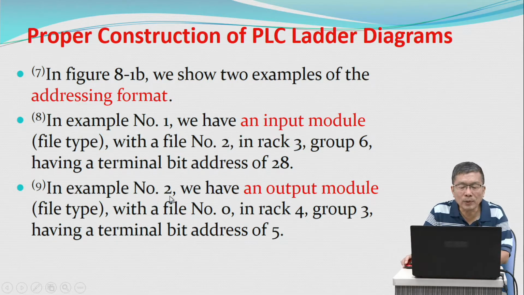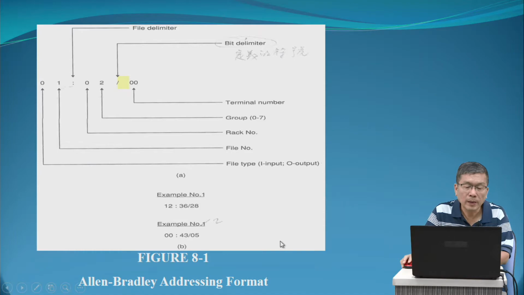In example number 2, we have an output module, file type O, with file number 0 in rack number 4, group number 3, having a terminal bit address of 5. This is the Allen-Bradley addressing format.